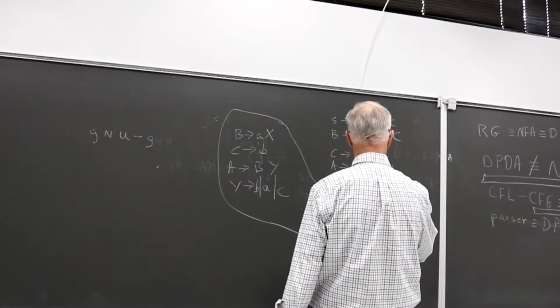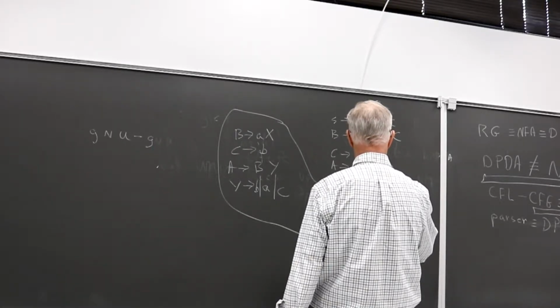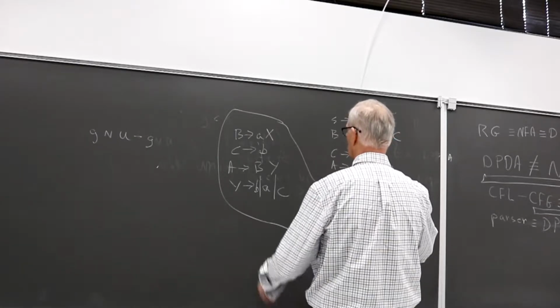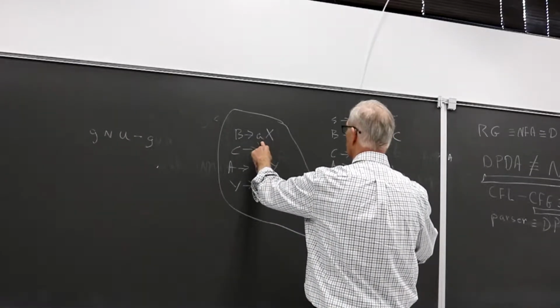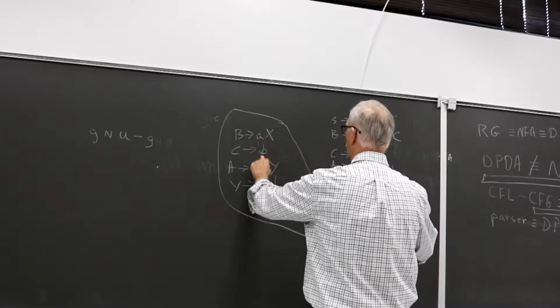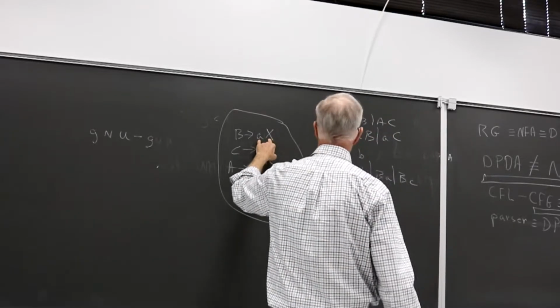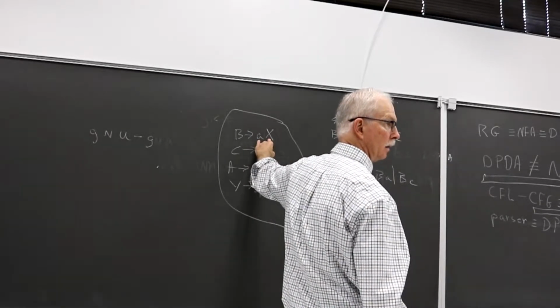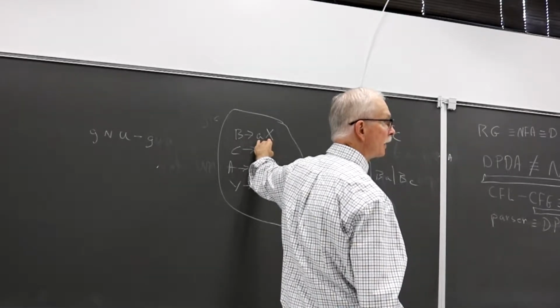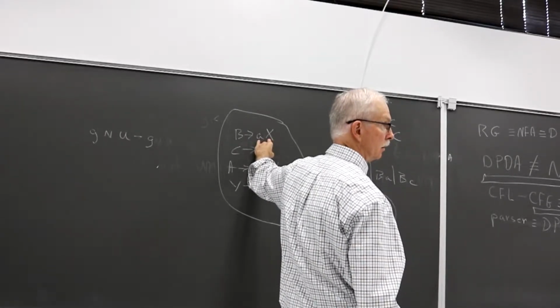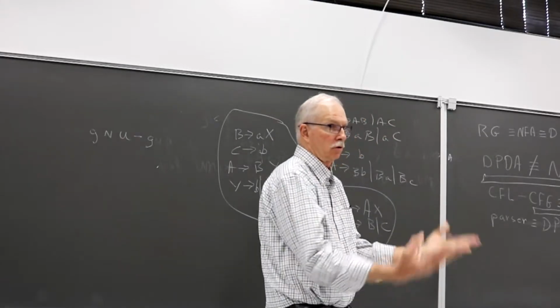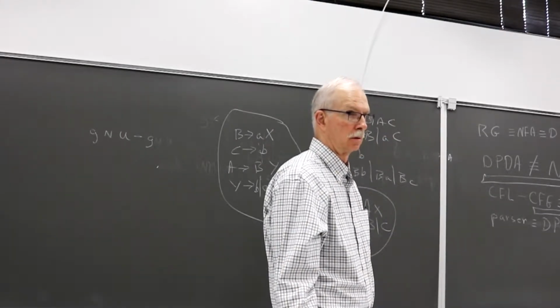Yeah, you would make one more substitution. You could substitute B or the C. Well, sure, I could substitute this in for B, but that's not a left factor issue anymore. That's just another substitution.